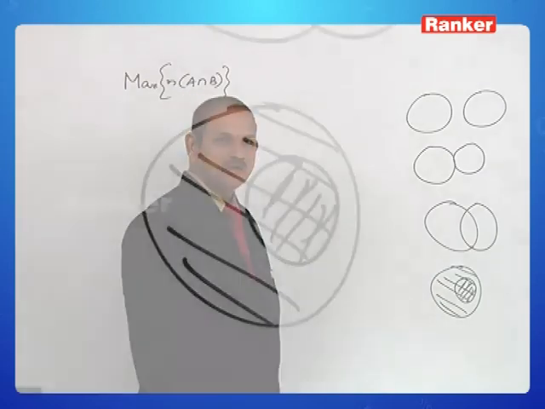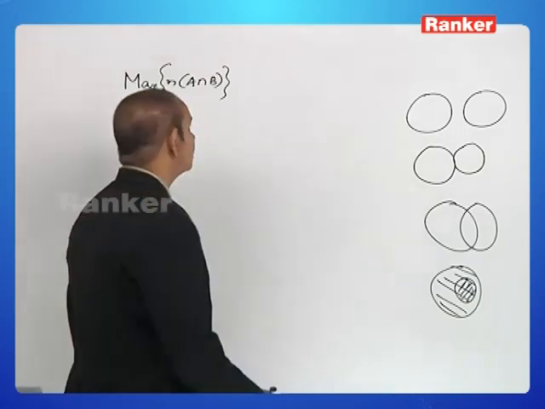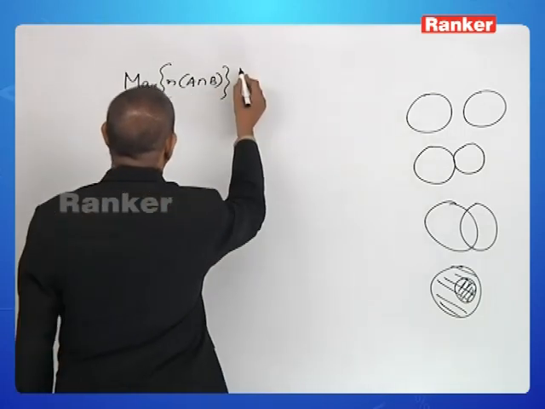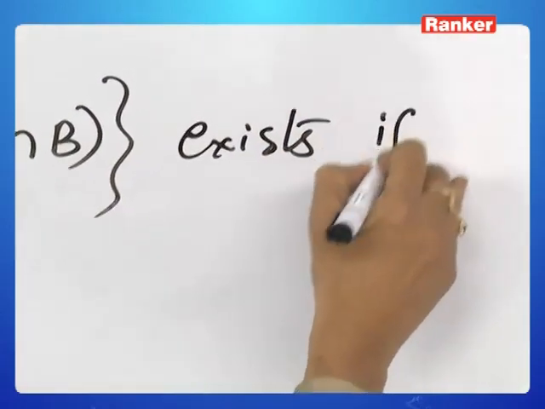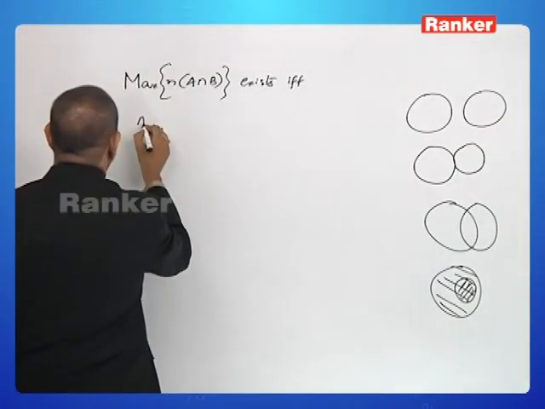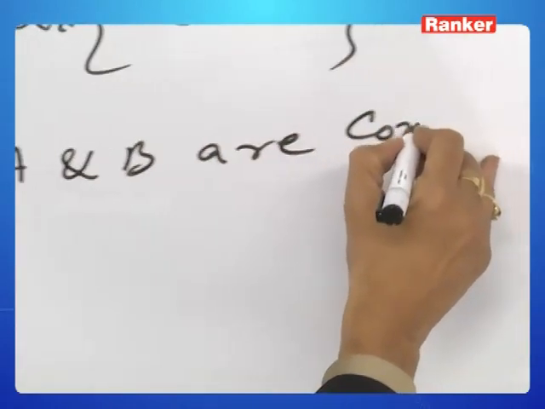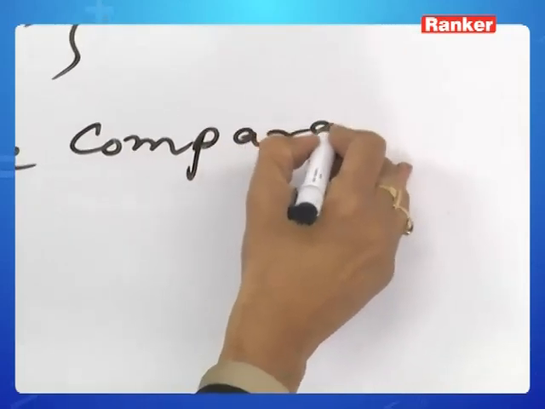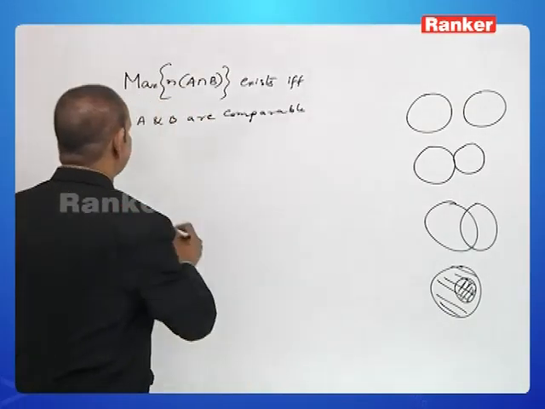In this case. What is this case? A and B are comparable, isn't it? So the maximum of n of A intersection B exists if and only if A and B are comparable. That is, either A is a subset of B or B is a subset of A.